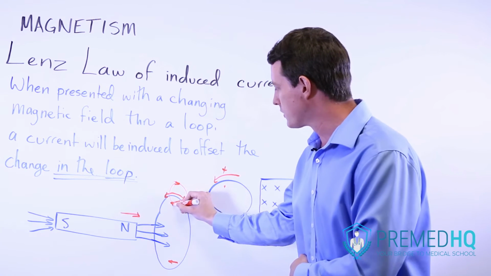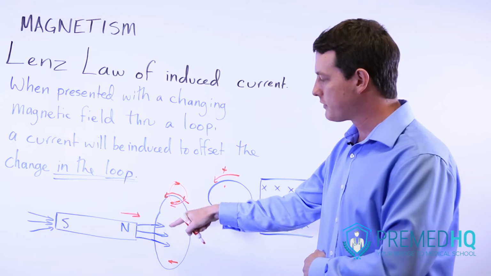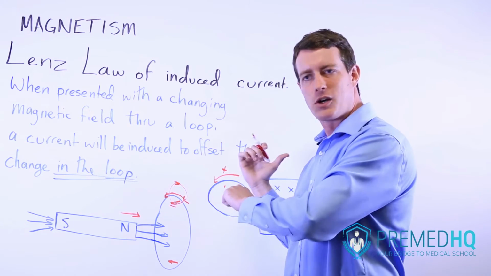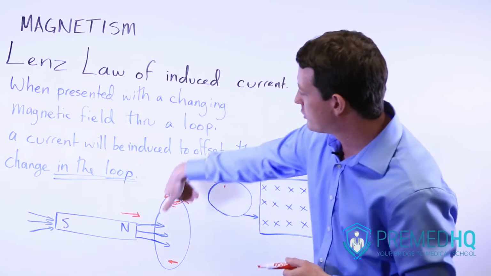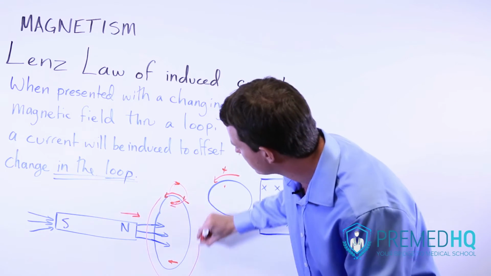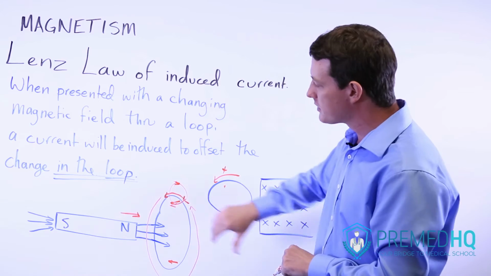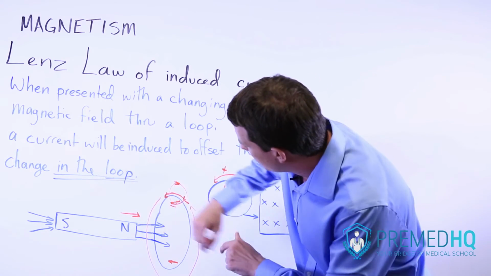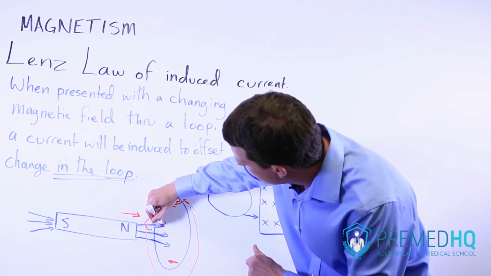Notice that the part where it's moving inward is going to offset the increase in magnetic field that is going through this loop. And if we trace this all the way around that loop, you'll notice that at any point along the loop, it's going to work such that we're going to have it go in here and then coming out this way.